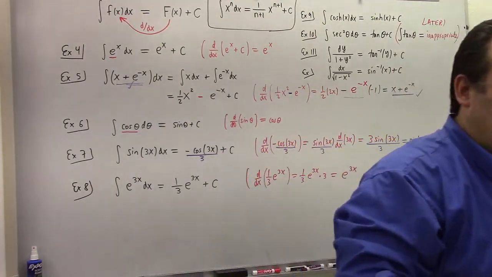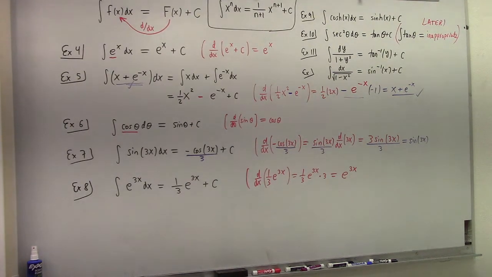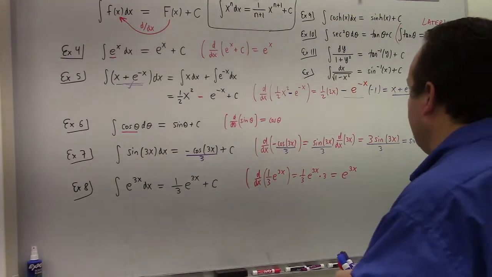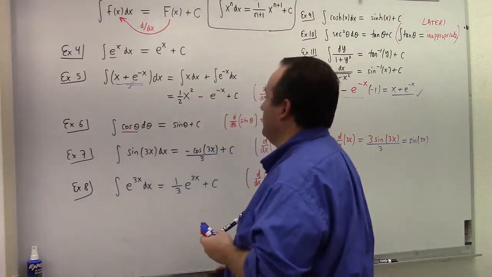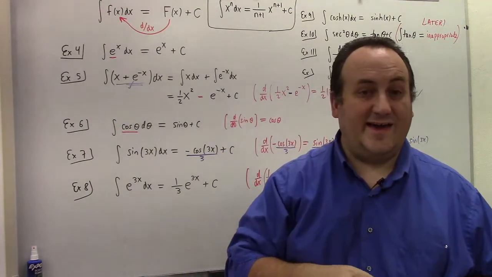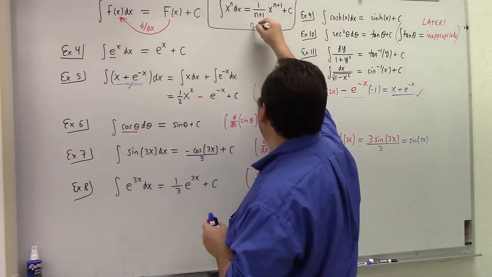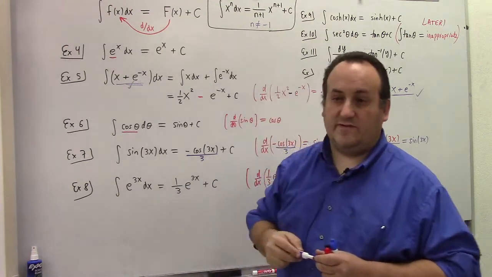That's the pattern we've used a couple times today. When does that formula not make sense? This is for n not equal to minus 1, right? Minus 1 is a problem.